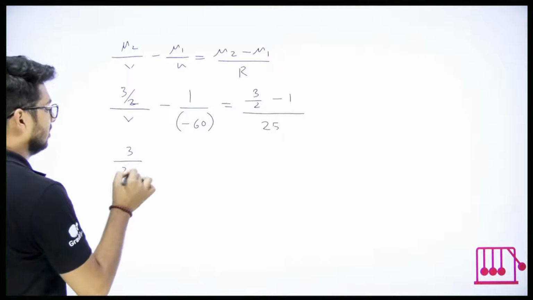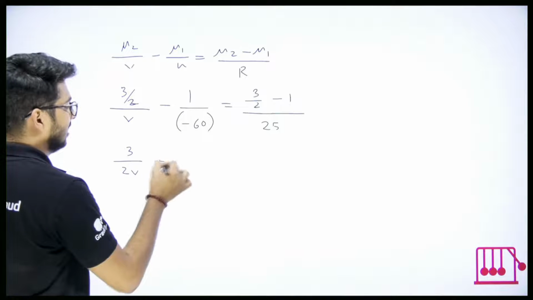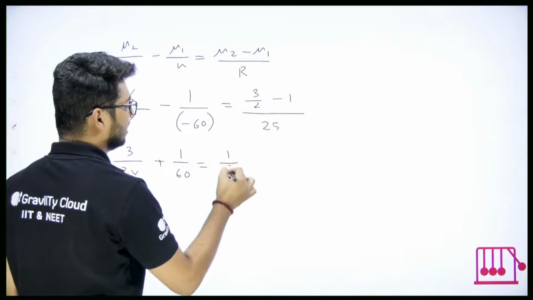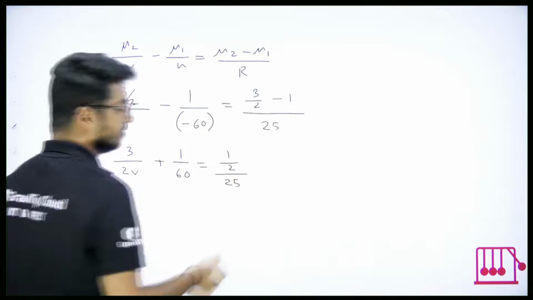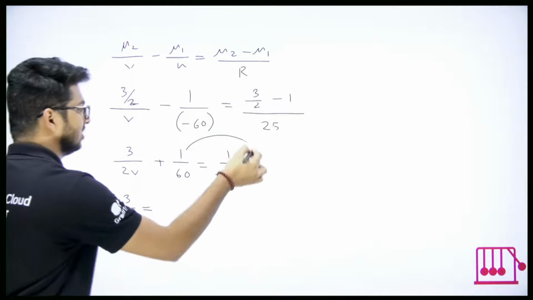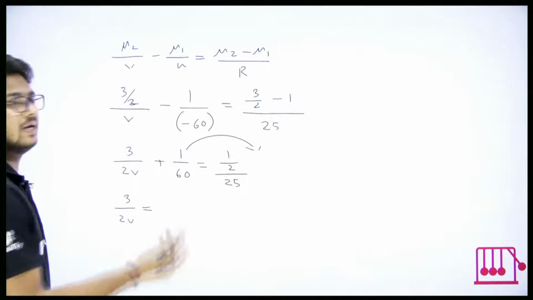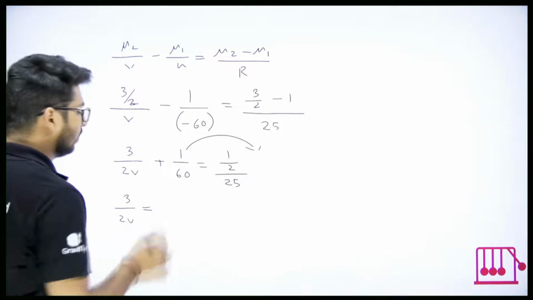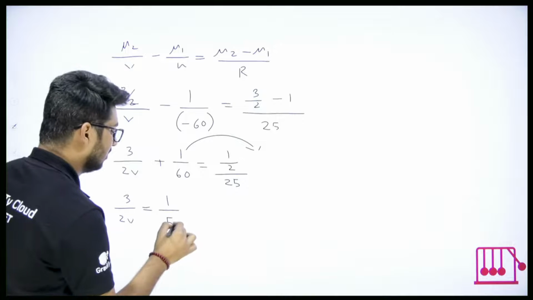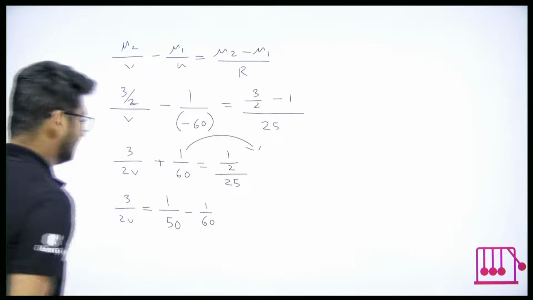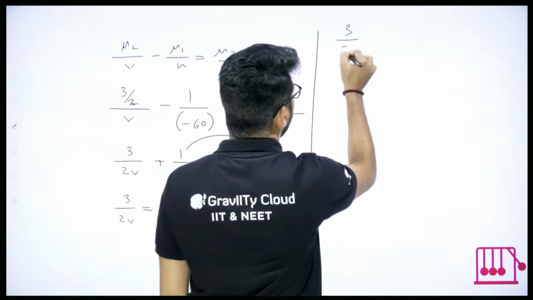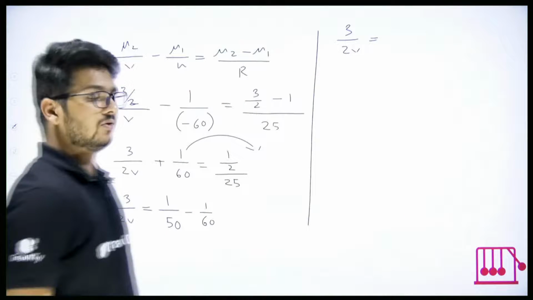Let us solve it. 3 by 2v, minus into minus is plus, 1 by 60 is equal to (3 by 2 minus 1) by 25, that is 1 by 2 by 25. Then 3 by 2v is equal to 1 by 60 goes to that side. It becomes negative. 1 by 2 by 25, 2 comes to the denominator, 2 into 25, 50. So 1 by 50 minus 1 by 60. Then again you have to proceed with the calculation. 3 by 2v equals 1 by 50 minus 1 by 60.